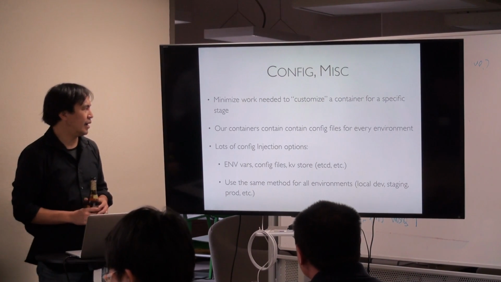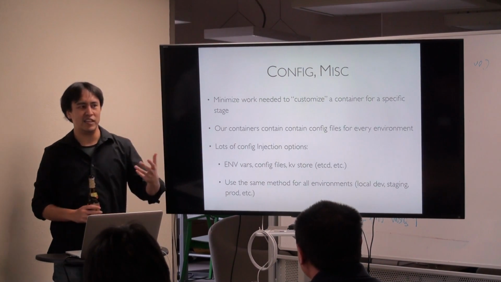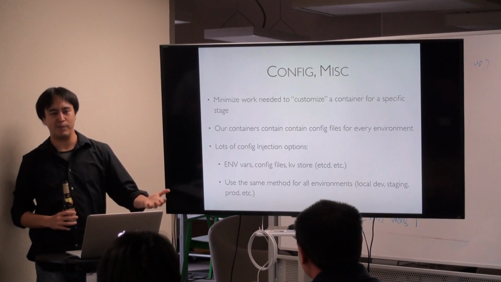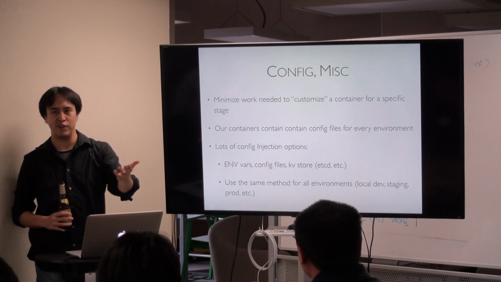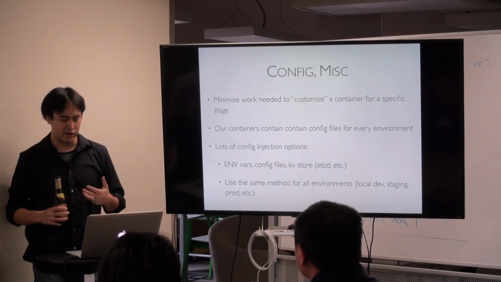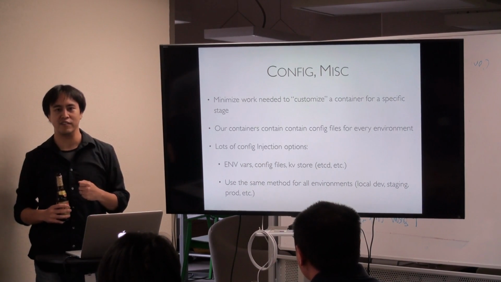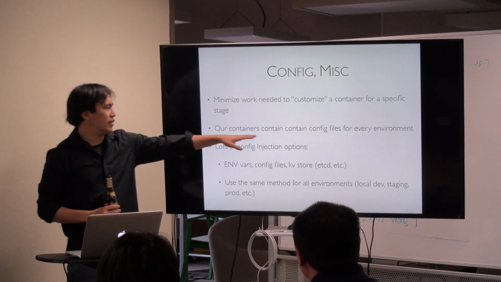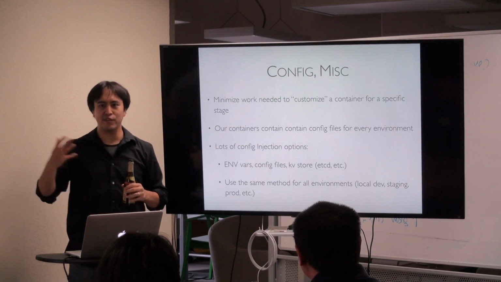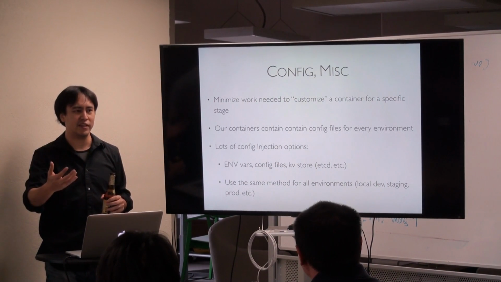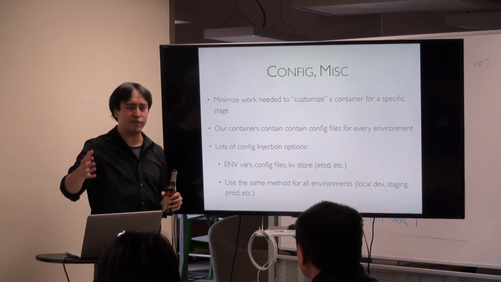What you want to do is engineer it so that, with as little effort as possible on behalf of your scripts or your apps, they are able to get at the correct config they need. Our containers, at a very high level conceptually, contain config files for every environment. When we ship a container, remember how we said one container everywhere?